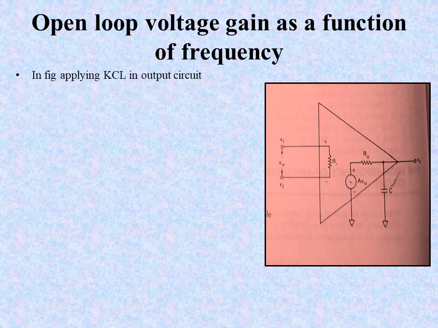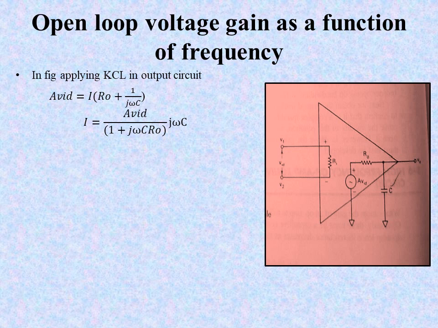So in the output circuit, which circuit are we taking? This one. From here, A VID, R0, to C in this loop. So we are taking this loop and we are saying that if current I is flowing through this loop, then we can write this equation: A VID is equal to I into R0 plus 1 upon j omega C.